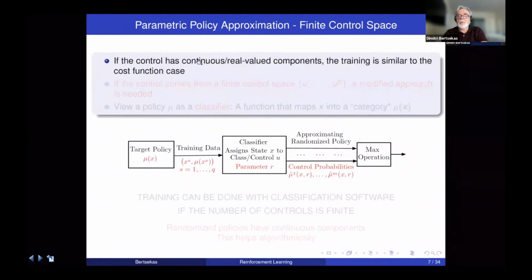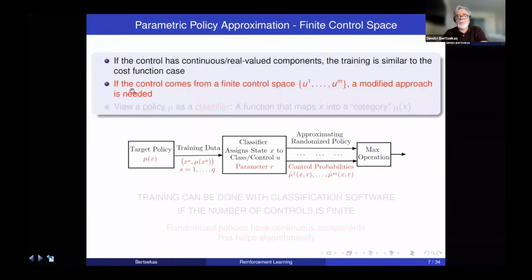Now, if the control has continuous real valued components, like, for example, the vector of three-dimensional position and velocity of an airplane, which has 6 real valued components, in that case of continuous controls, the training is pretty similar to the cost function case. It's scalars in one case. In the other case, it is multiple scalars, but the idea is similar. Basically, you replicate the computations for a single scalar to obtain approximations for a whole vector of components.